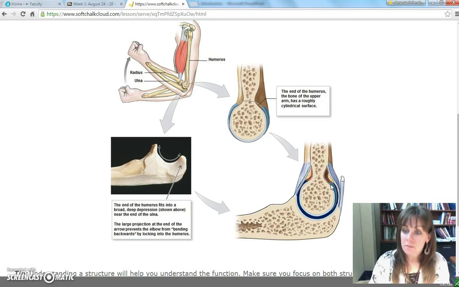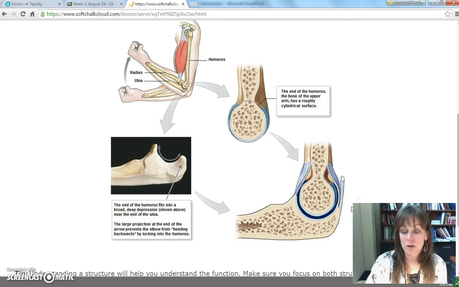Then a lot of times you may be trying to fix that structure. You could go in and do an operation and fix the bones, or at a molecular level, we give a person a pill that fixes structures or makes up for a structure that's not working properly in some way.